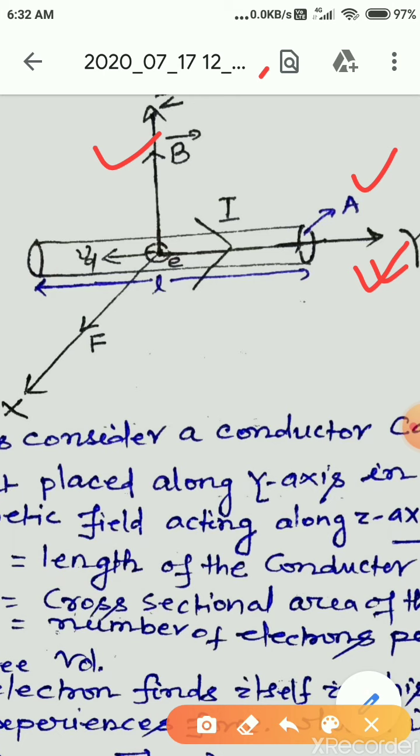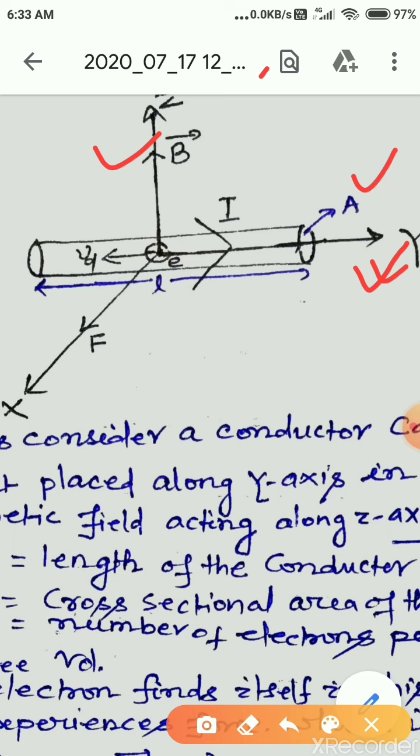Now, why does this current carrying conductor experience a force in a magnetic field? We know that current in a conductor is due to drift of free electrons.